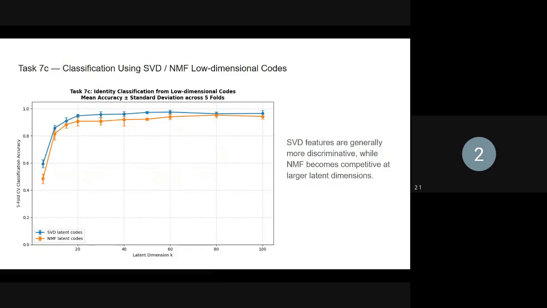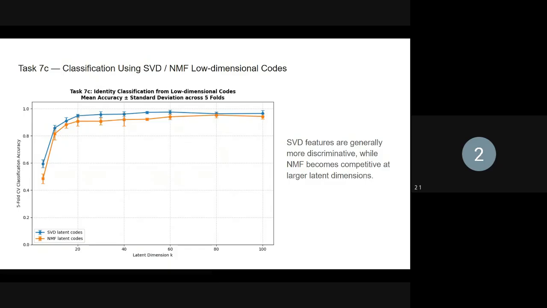And I think when K is low, the accuracy is very low, but it increases very fast.